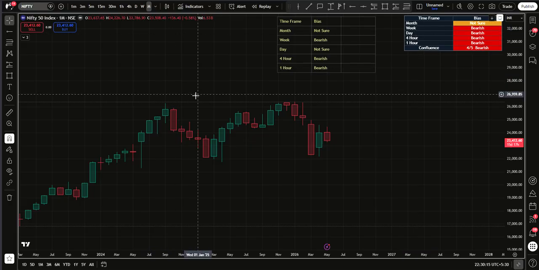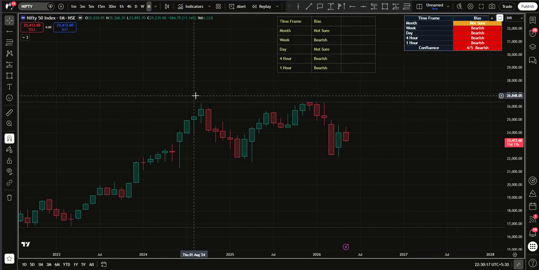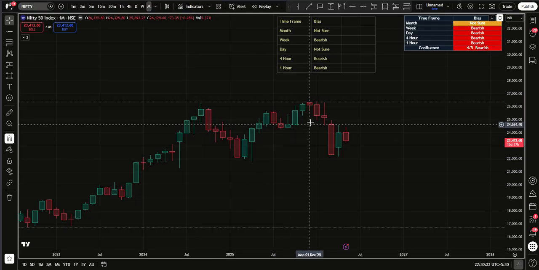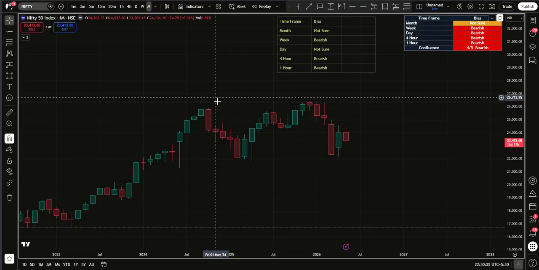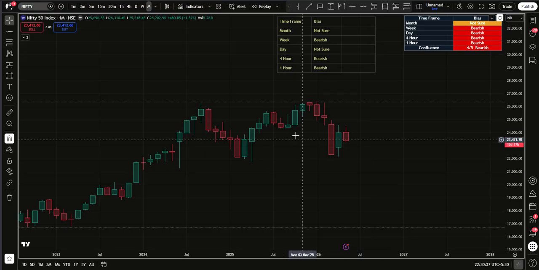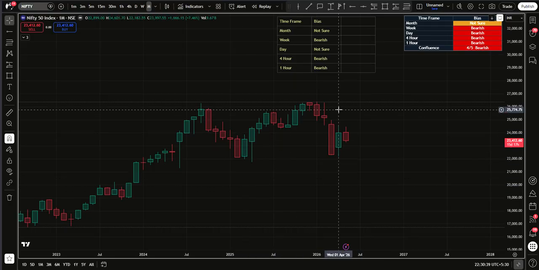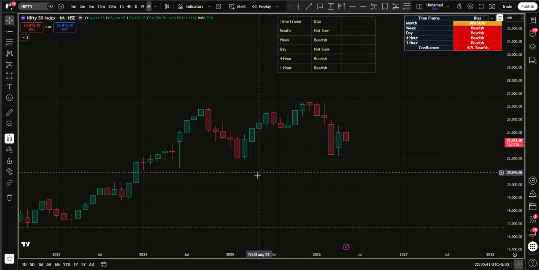Now, on a monthly time frame, Nifty does not have a bias. So that's the reason you have "not sure" written in the box. It just means that there are no higher lows formed for bullish bias, or no lower highs formed for bearish bias. Until the month of February, it was bullish.